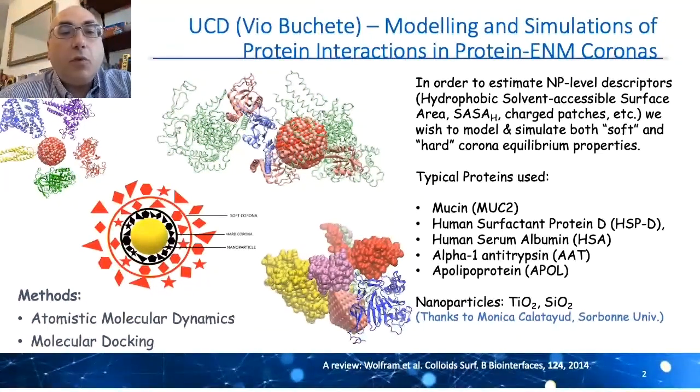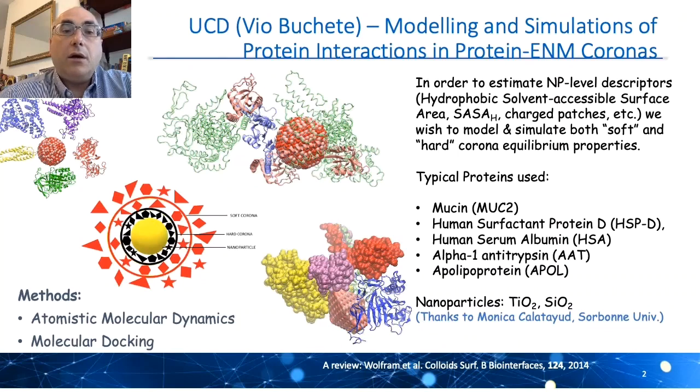And it's important to realize that for some of the proteins and nanoparticles that we can study in detail in our work package with the methods available, starting from quantum DFT calculations all the way to atomistic molecular dynamics, molecular docking, and coarse grain simulations, as you will hear in the next talk as well.